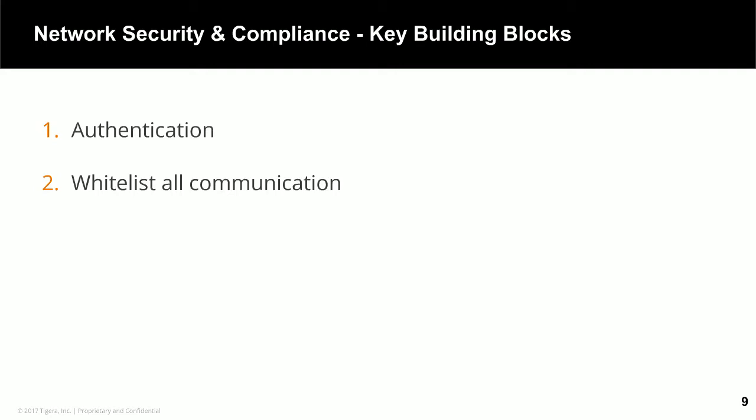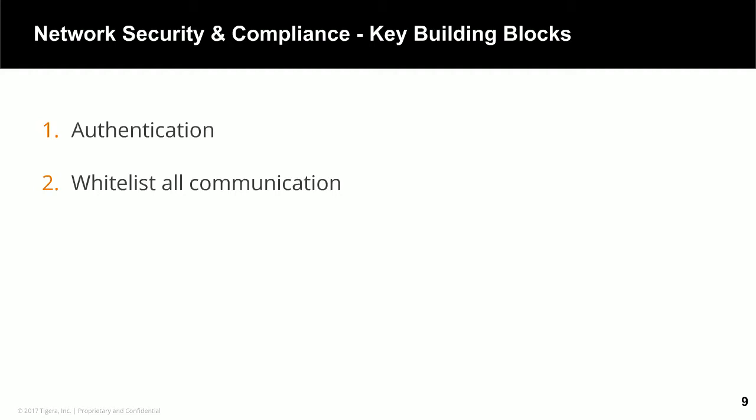The second aspect is that you run your workloads, your clusters and the namespaces in what I call a default deny model. Fundamentally, that means that you are going to whitelist all communication, all traffic going in and out of the service. It is super important that you bake that assumption into your security design, because as we all know, most of the security breaches come from inside your own network.